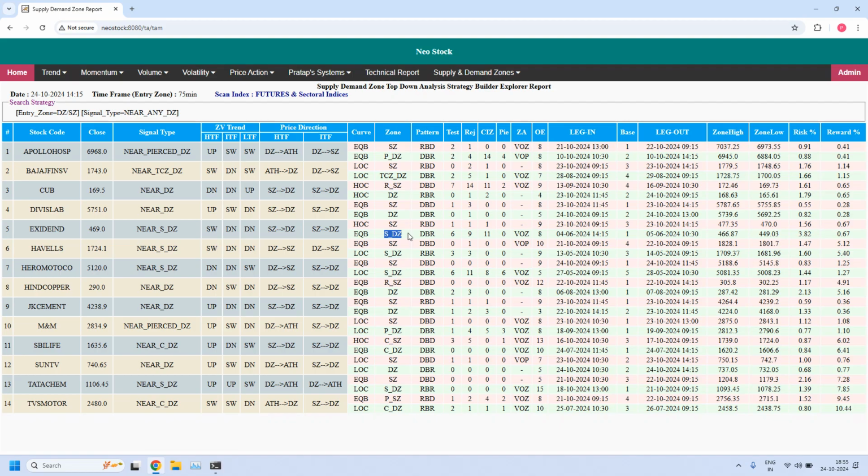Exide Industries is a high liquidity 75 minutes demand zone. Havells is a high liquidity 75 minutes demand zone. This is a pierced zone, not valid. Next, SBI Life is having a high liquidity 75 minutes demand zone.